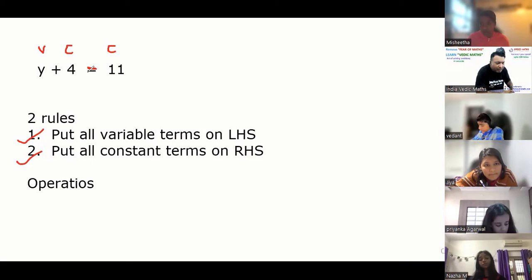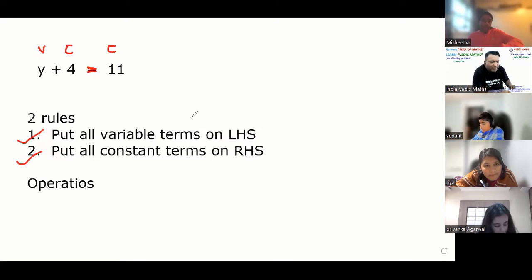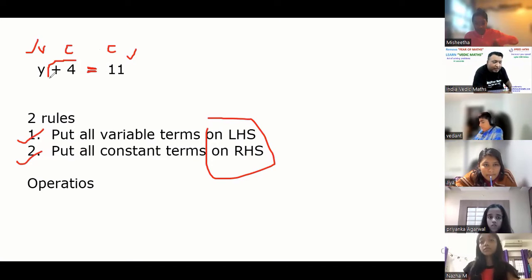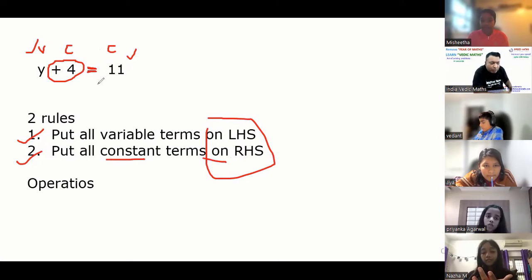Now tell me, Mishita, which should we move where? If I apply this rule, this is the correct position, the right side. You should move the +4, because this +4 is on the left side and I said all constants on the right-hand side. So if this +4 goes here, it becomes -4.